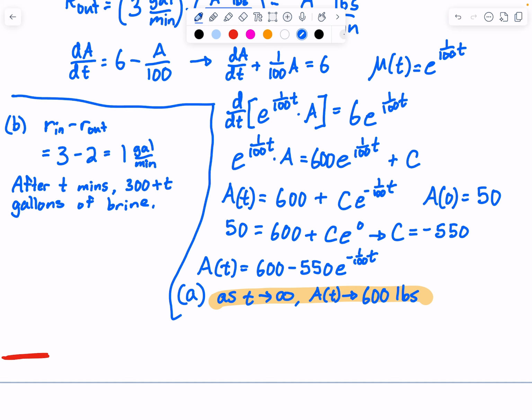Okay, so here's our actual flow now. R out, the big R, is going to be A over 300 plus t times 2 now. That's the out. So it's not clean, but we're still going to use it. I got 2A over 300 plus t.